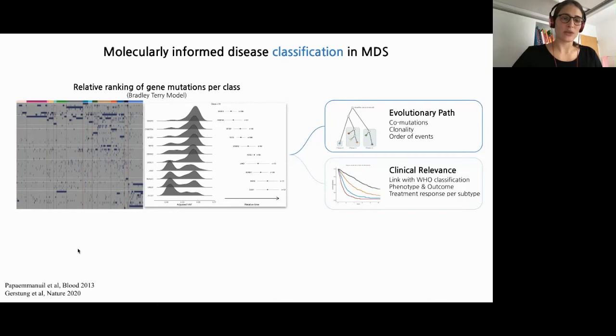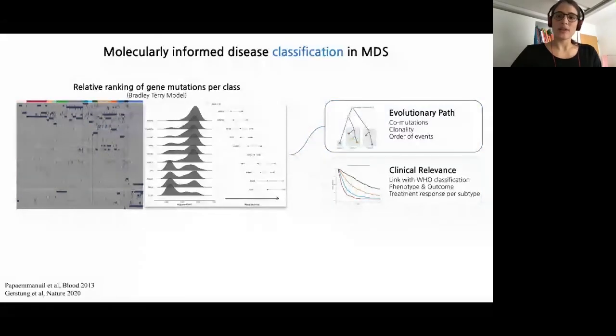So the heat map on the left will represent a more detailed heat map of the classes we identify. So we do identify quite a number of classes in MDS, given the high genomic heterogeneity of the disease. And for each one of those classes, we're using a statistical model called the Bradley-Terry model, borrowed from sports statistics, that looks at all the pairwise comparisons of gene mutations per patient in order to estimate which gene mutation comes first and which comes second, clonal versus subclonal, and then from those estimates a relative ranking of the gene mutations per class.